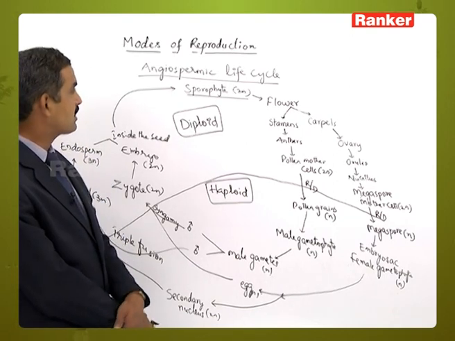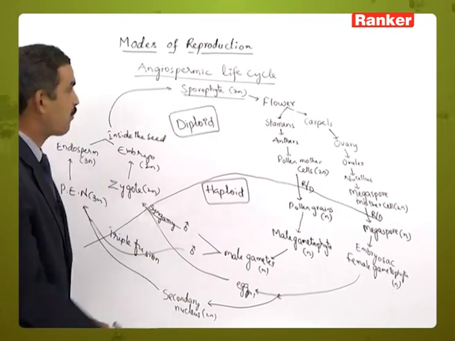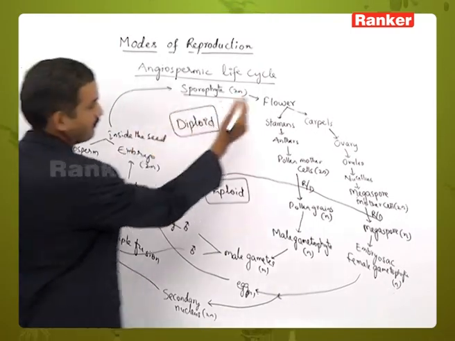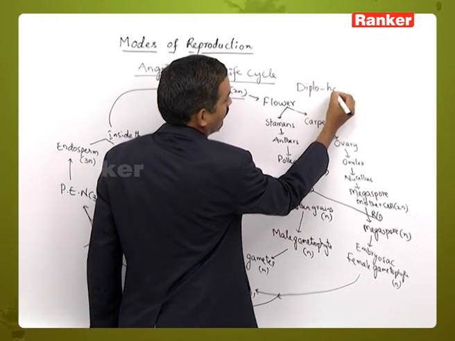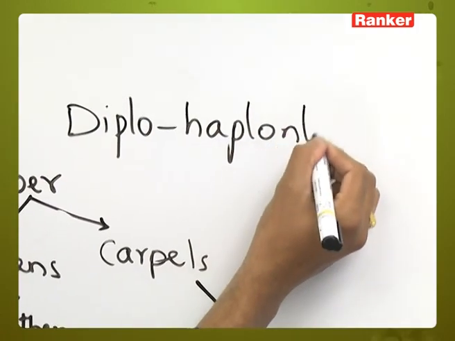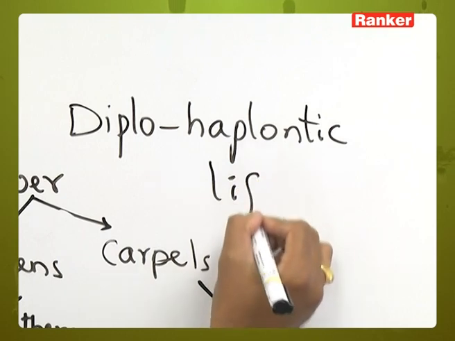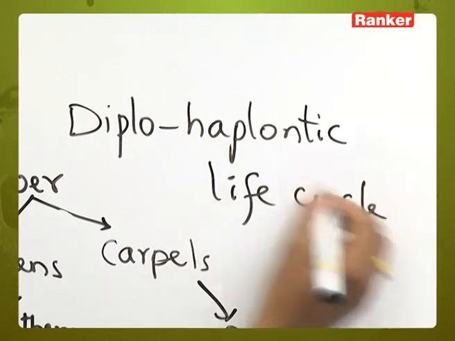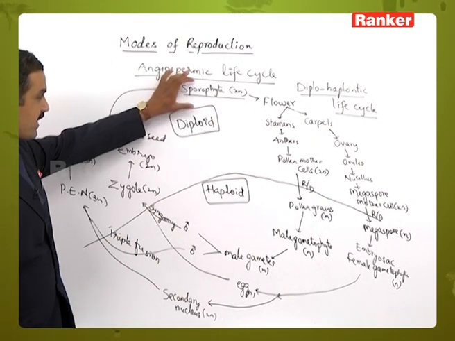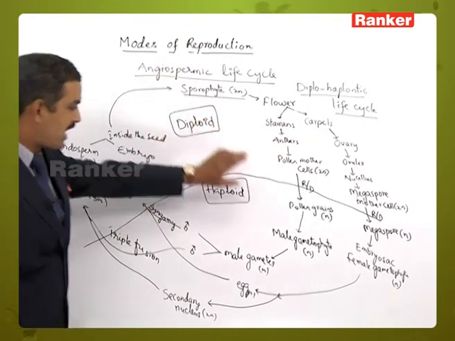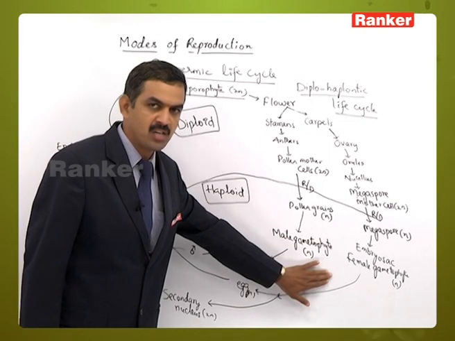So we call this life cycle as diplohaplontic life cycle. And two generations are also there, sporophytic generation and also the gametophytic generation.